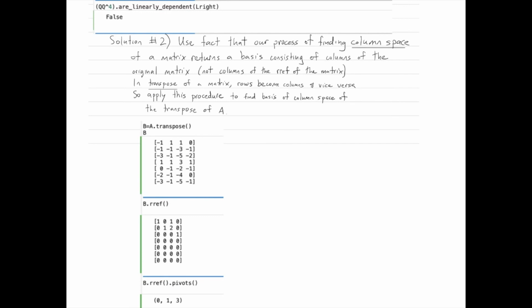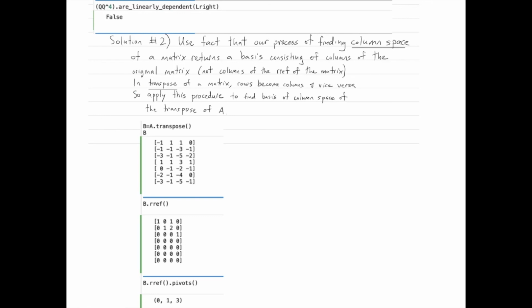Now, the second solution doesn't use the built-in command, which sort of hides the explanation for why or what Sage is doing. This solution is the following. So we use the fact that our process in a previous video of finding not the row space, but the column space of a matrix returns a basis consisting of actual columns of the original matrix, as opposed to columns of the RREF of the matrix.